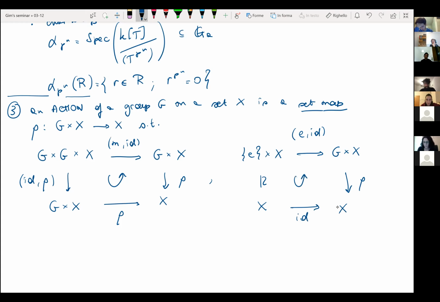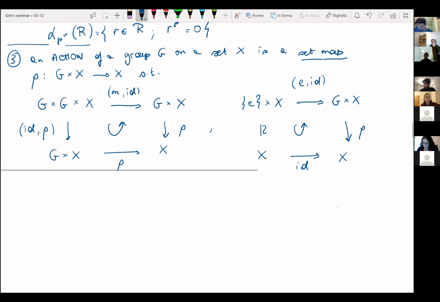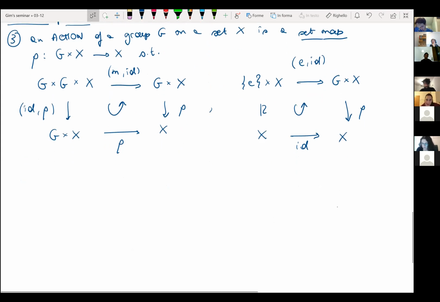Okay, so with this definition, it is easy to see that we can extend this concept also to any category which has finite products. And in particular, we can see this concept in the category of affine schemes over a field K. So let's see our fixed category.